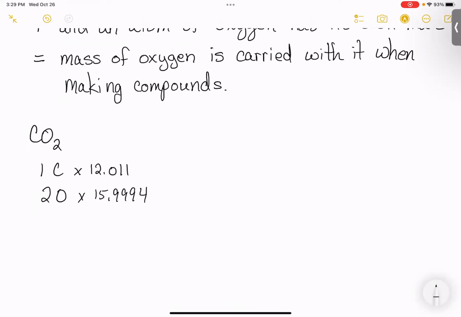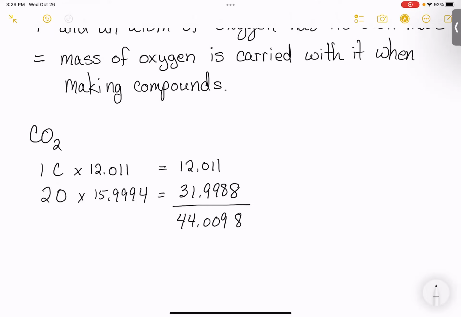It carries that mass with it. So carbon contributes 12.011 to the overall mass of carbon dioxide. And since there are two oxygens at 15.9994 each, that means that they carry 31.9988 with it. So carbon dioxide has a mass of 44.0098.